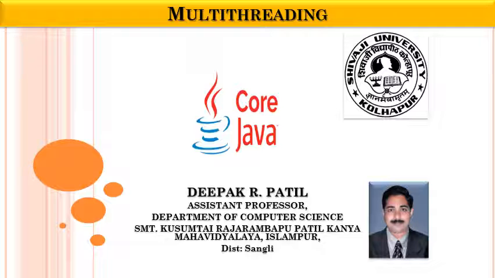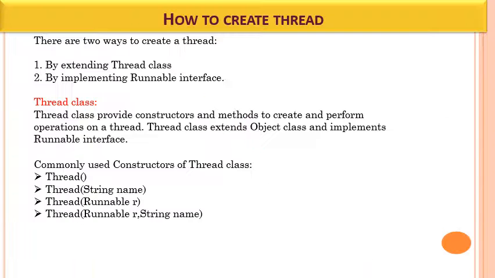Now we turn to how to create the thread. In our last session, we saw the life cycle of the thread, and in the life cycle there are four to five things we have to be very much aware of, where there are different states of a thread: a newborn state, a runnable state, a running state, a blocked state, and a dead state.